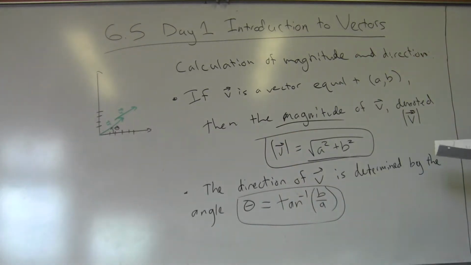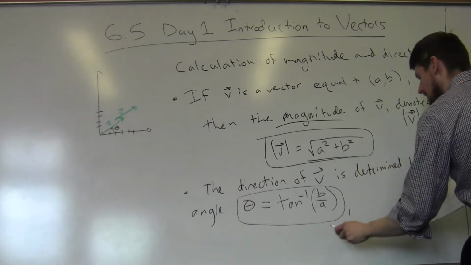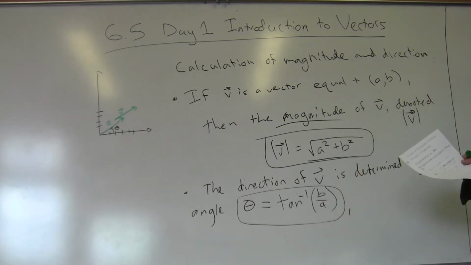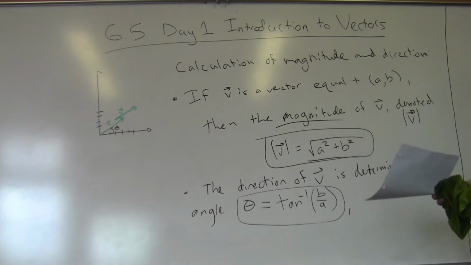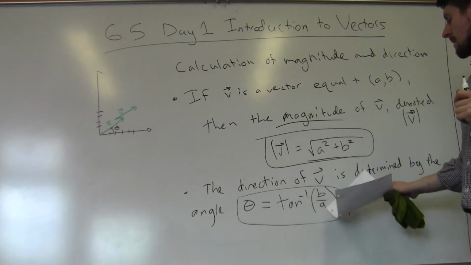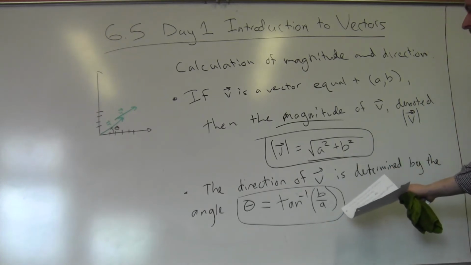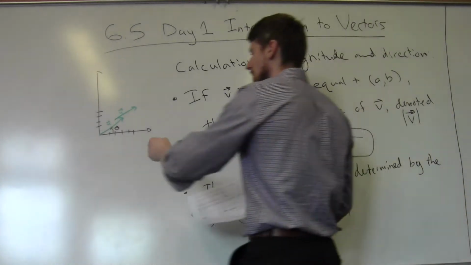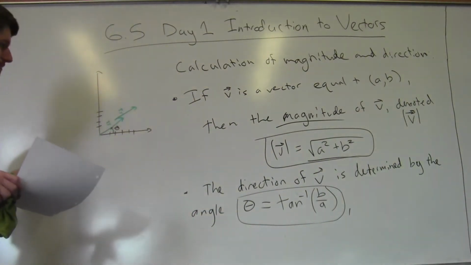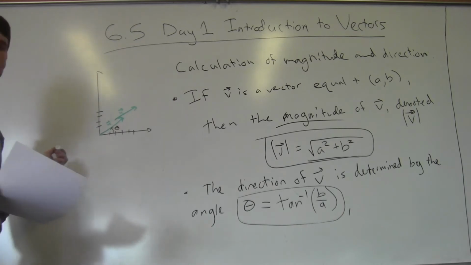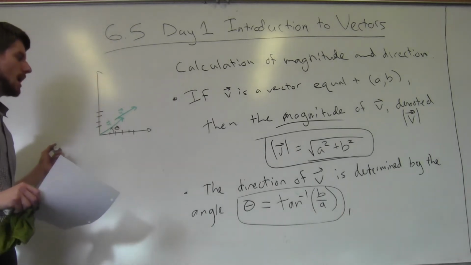Magnitude equals that. But you have to be careful with this one because this doesn't care if, so if b and a are both negative, b divided by a is positive. However, you know where b and a being negative would be, down here in quadrant 3.